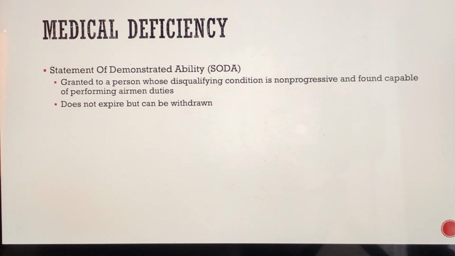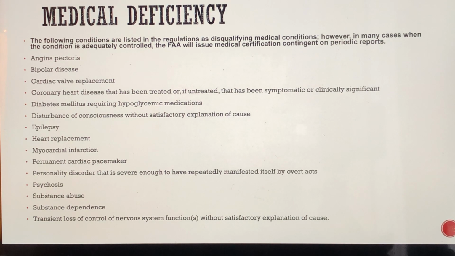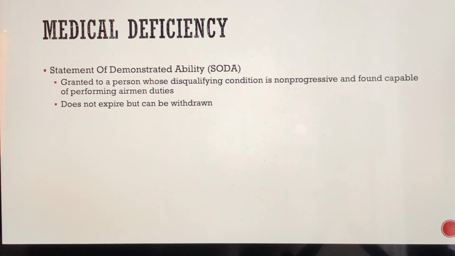There are medical deficiencies where you can still obtain a medical or some other thing like a statement of demonstrated ability, also known as SODA. So a SODA would be granted to a person whose disqualifying condition that we just saw is non-progressive and found capable of performing the airman duties.